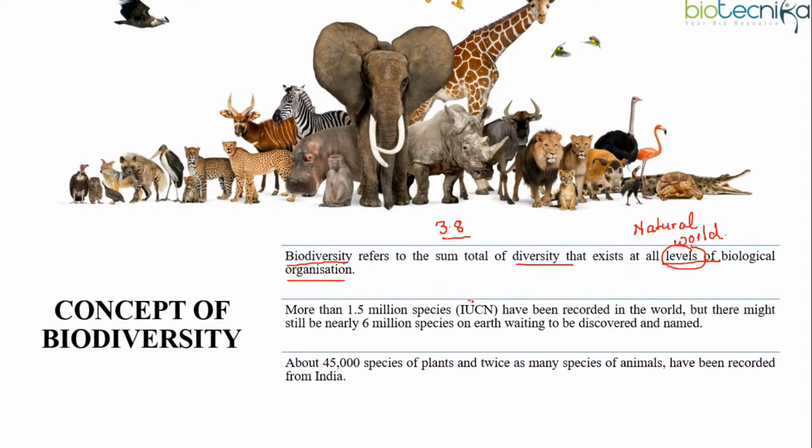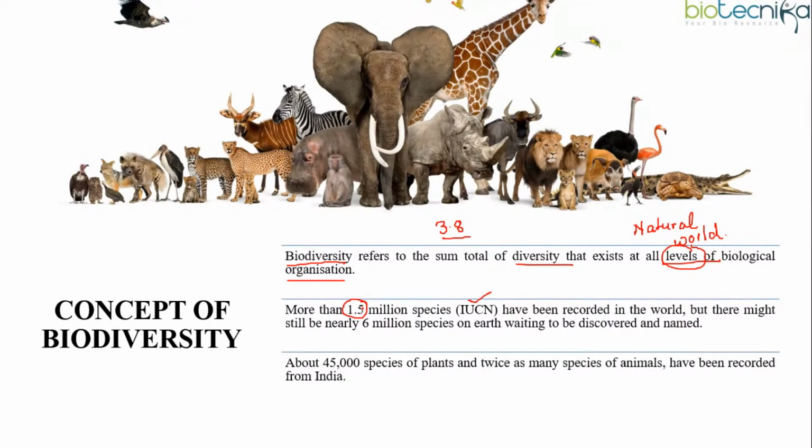Now, according to IUCN, that is International Union for Conservation of Nature and Natural Resources, the total number of plant and animal species described so far is more than 1.5 million.